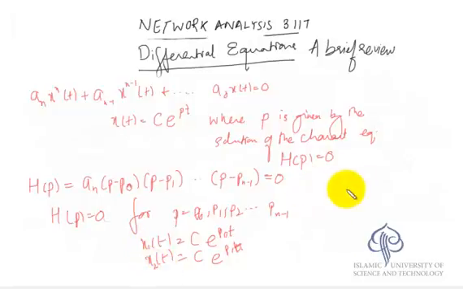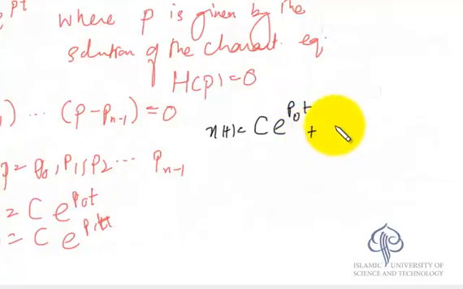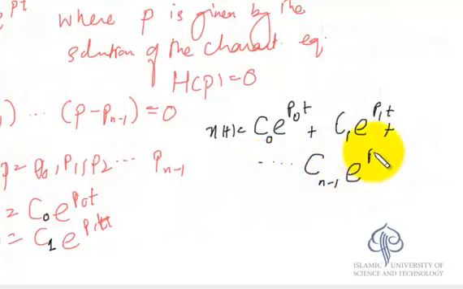So in general terms, if you're able to factorize H(p) into distinct factors like this, the solution is going to be x(t) is equal to C0 e to the power p0t plus C1 e to the power p1t plus so on and so forth, Cn minus 1 e to the power pn minus 1 t. They're going to be different constants.